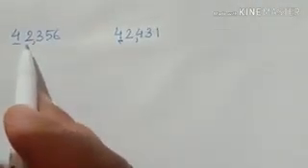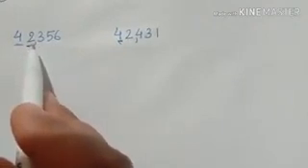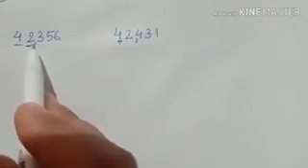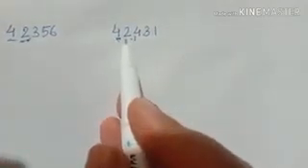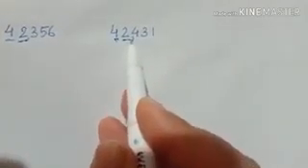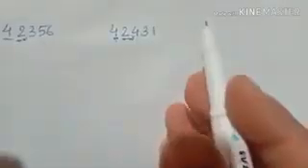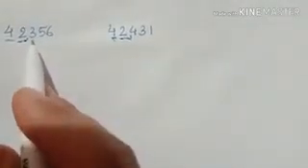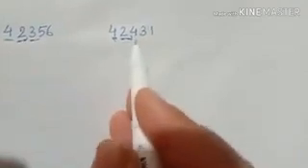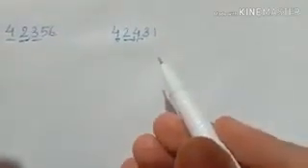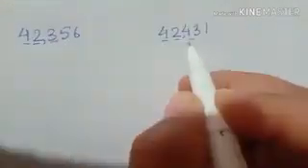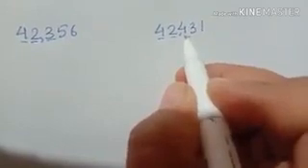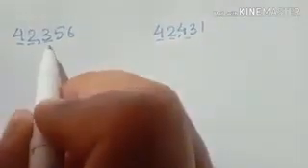So when we move to the right, here again we can notice that it is 2,000 and here also we have 2,000. Now again move to the right, and here we have 300 and here we have 400. So what do you notice? We can say that 300 is less than 400 or 400 is more than 300.